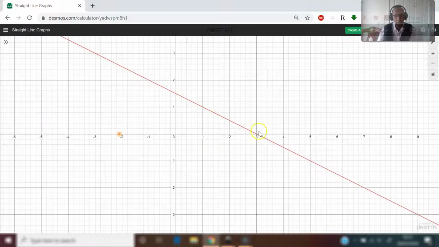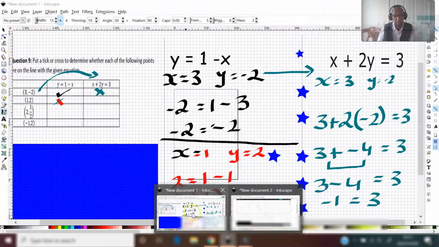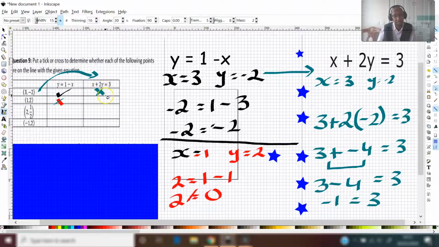Our line does not really go through that point. So it's false, it's wrong, and hence why we put the X to say that it doesn't.